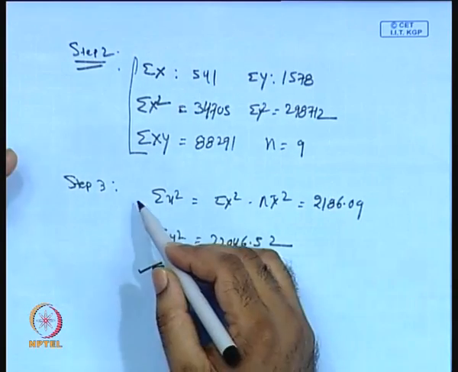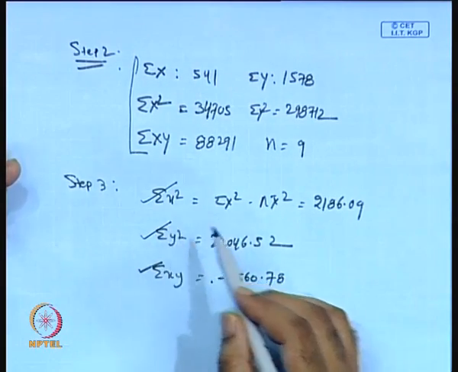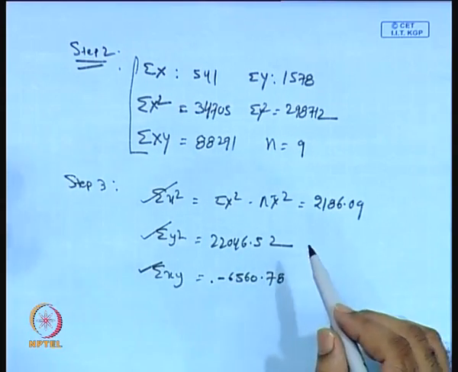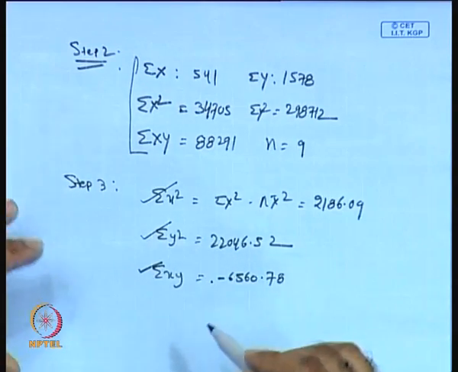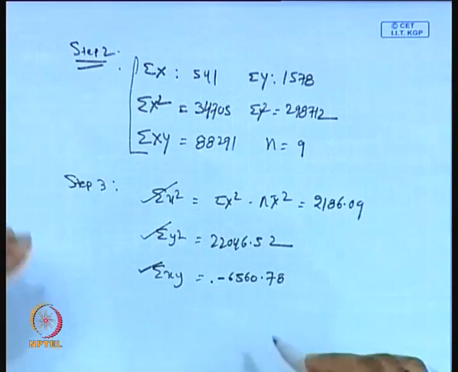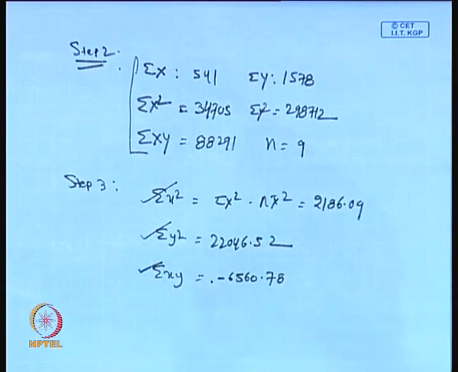Variance is always positive for x and also positive for y, but the covariance can be positive or negative, and that tells us the nature of the relationship. Since it is negative, they are negatively related to each other. Okay. So, this is the step 3 process of this particular analysis.